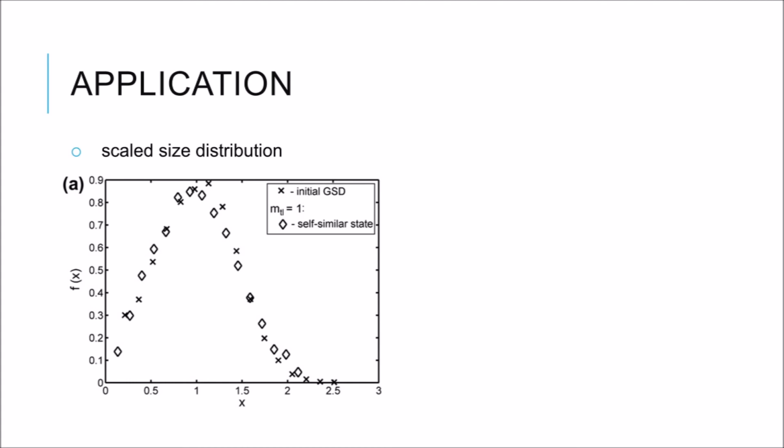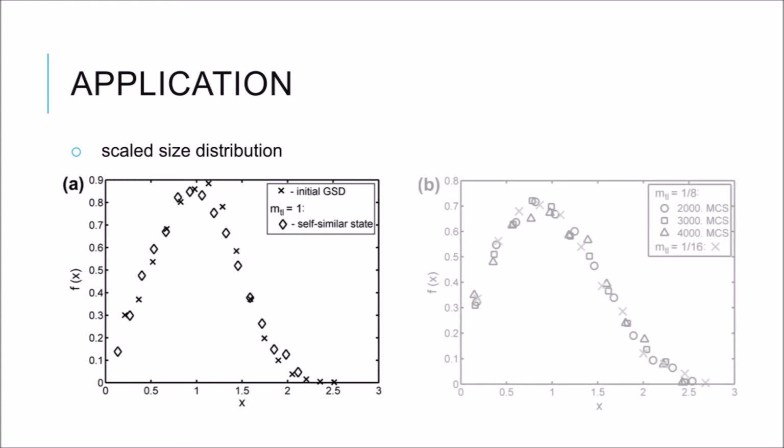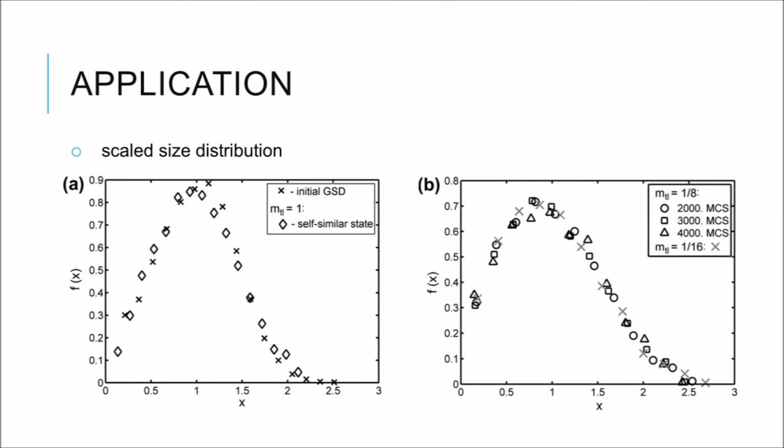Now, what happens if I reduce the triple junction mobility? If I do this, you can see the result here. I have reduced it to 1/8 and 1/16, and you can see that for such low mobilities, we actually still observe self-similarity.